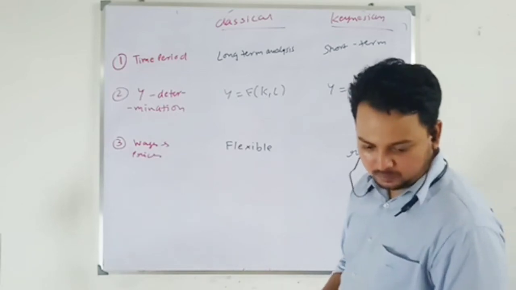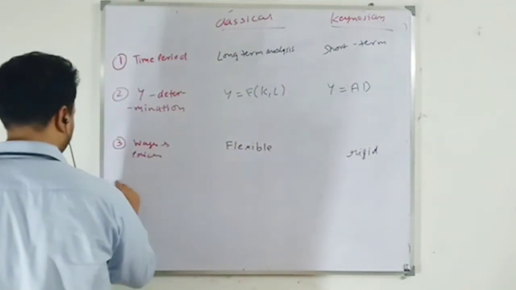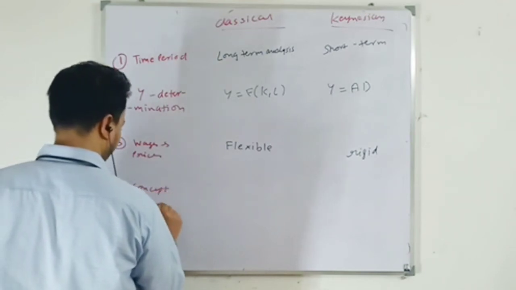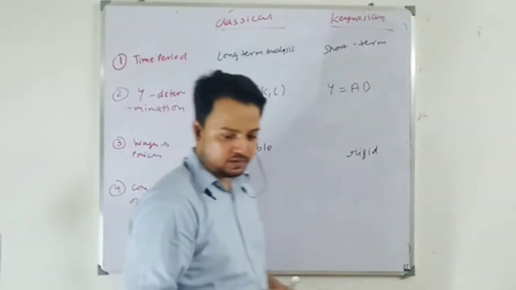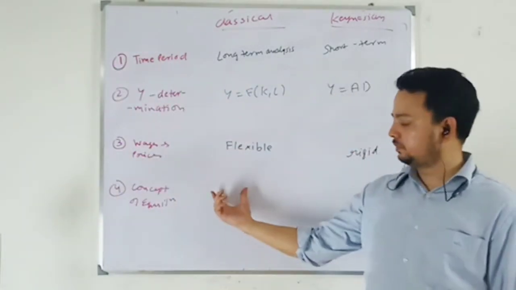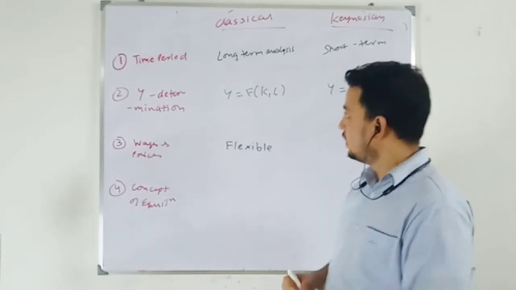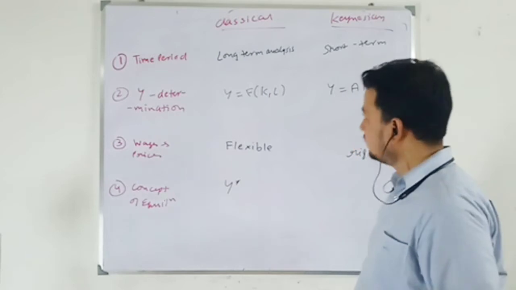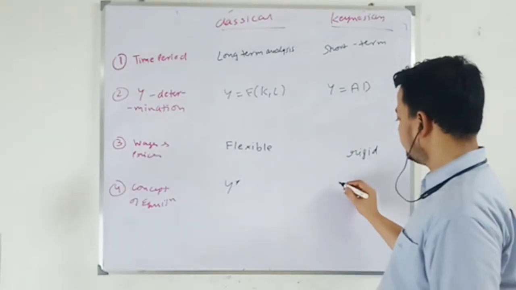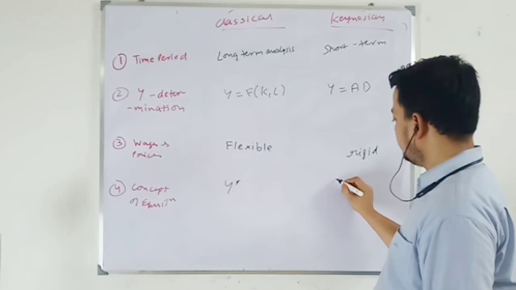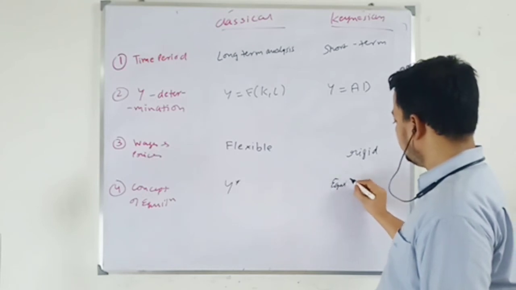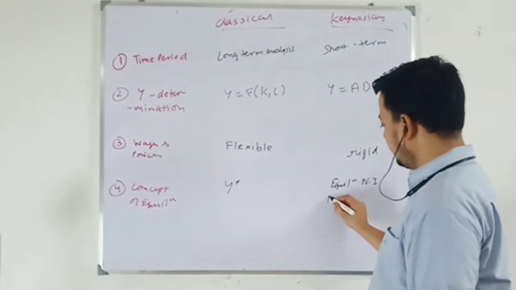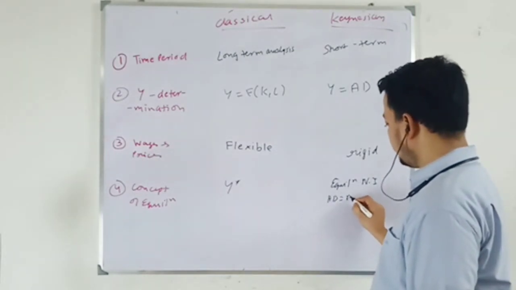Fourth point, concept of equilibrium. Okay. So in the first one, it is based on full employment equilibrium. Okay, classical theory is based on full employment equilibrium. Okay, in the Keynesian framework, equilibrium national income is determined where aggregate demand equals aggregate supply.